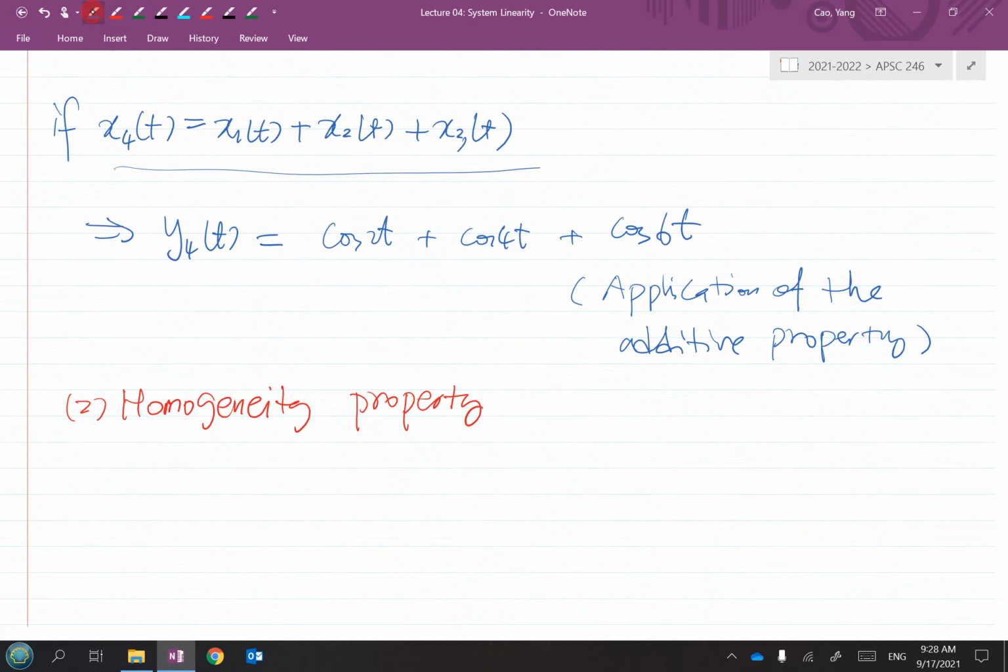Let's look at the definition of the homogeneity property. It follows very similar descriptions as in property number 1.